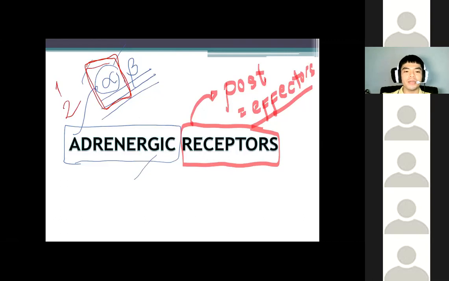Okay. First question, general effect is constriction. 1. Very good. Next, inhibitory. 2. Next, autoregulation. 2.